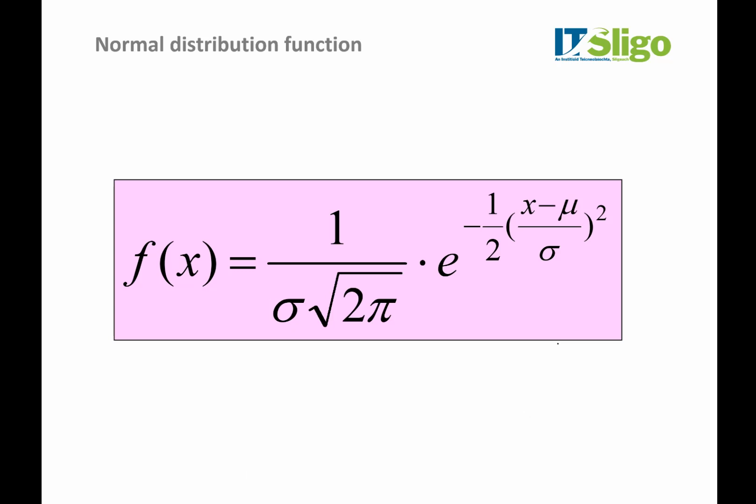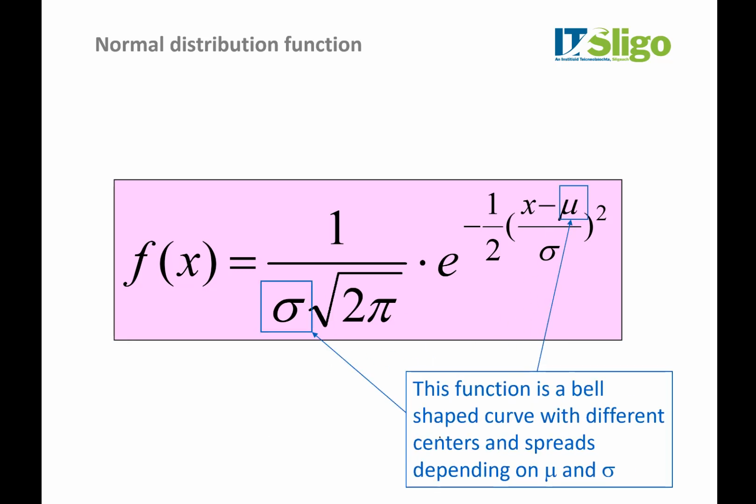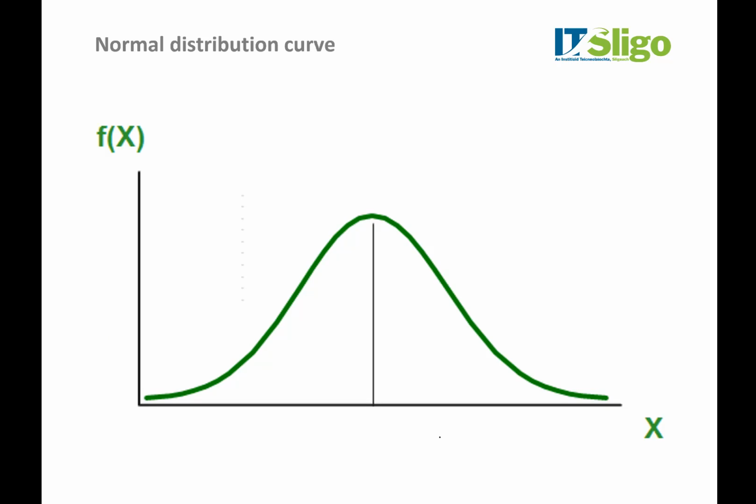So those 2 parameters then define the shape of our bell-shaped curve. So different centers, and the center and spread depends on the mean and the standard deviation, and we'll explain this in a little bit. So this is what a typical curve looks like.